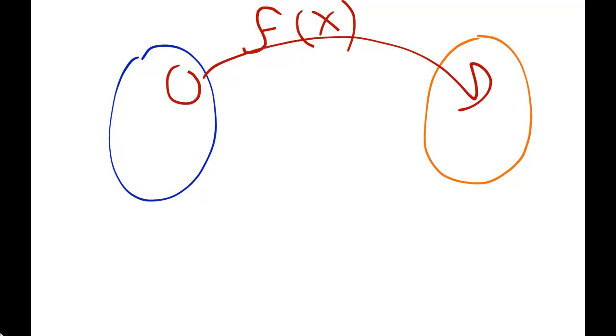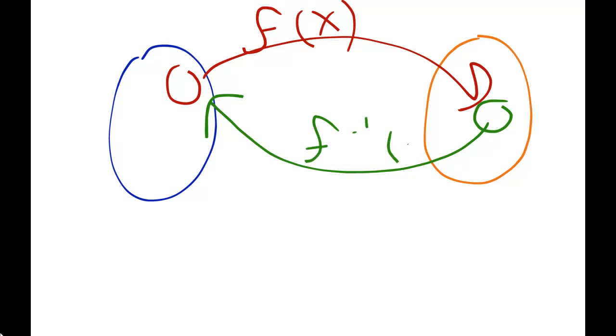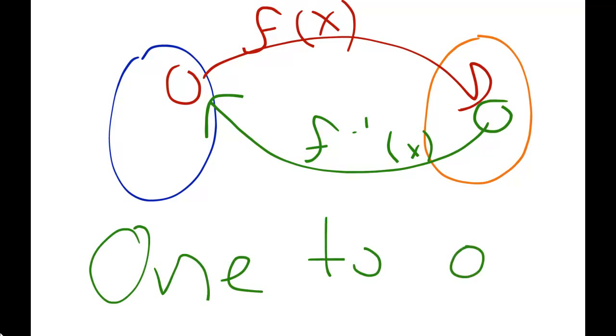What the inverse does, and we'll go to green for inverse, is pick up a range number and bring it back to that original domain number. The reason it has to be 1 to 1 is that I can't have 2 birds going to 1 birdhouse, because if I try to go backwards, that's 1 bird trying to go to 2 birdhouses, which doesn't work. So the whole idea with inverses is this concept of 1 to 1.